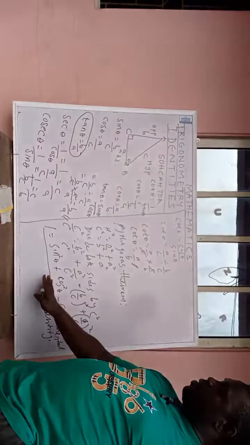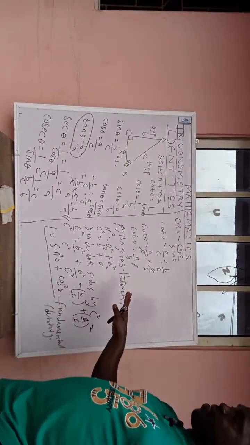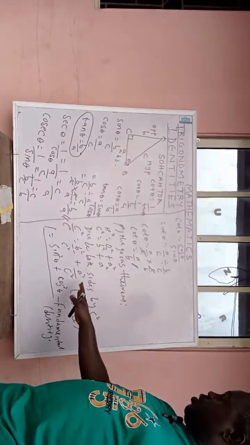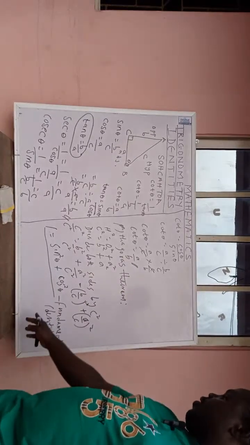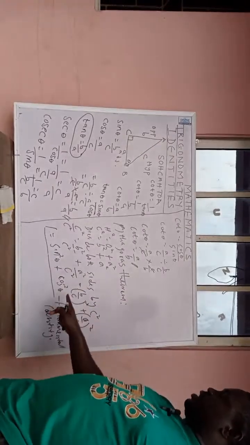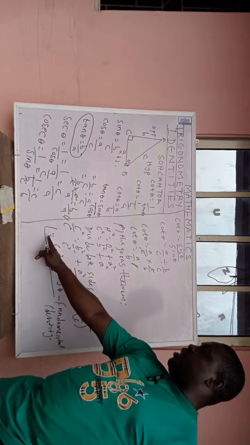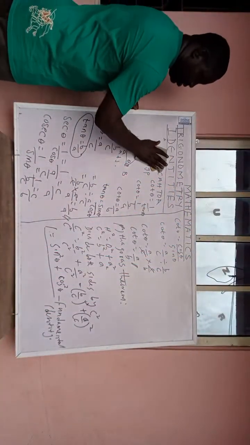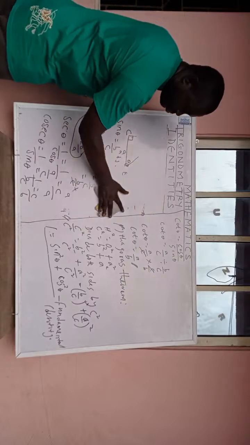This is why I always like students to master trig to a large extent before they venture into calculus. So you can see now how I derived sine squared theta plus cos squared theta, how it became 1. Now we can also get further identities from there.